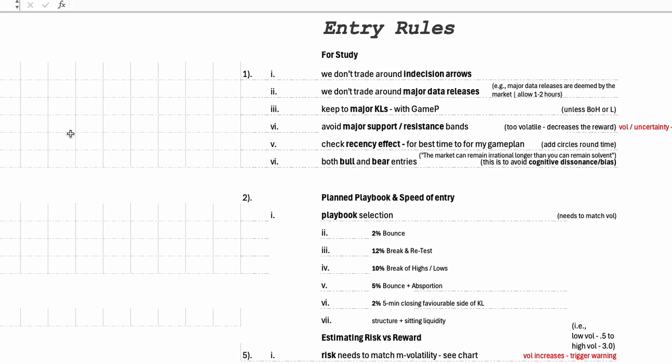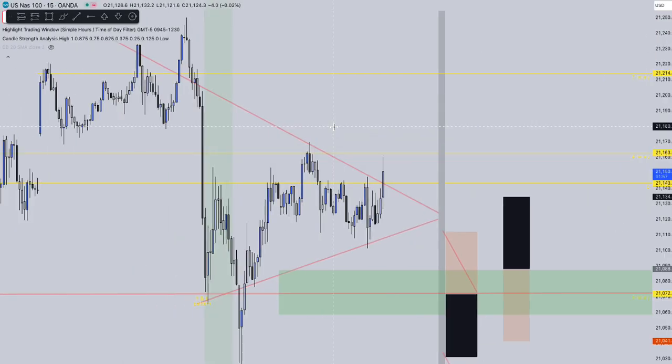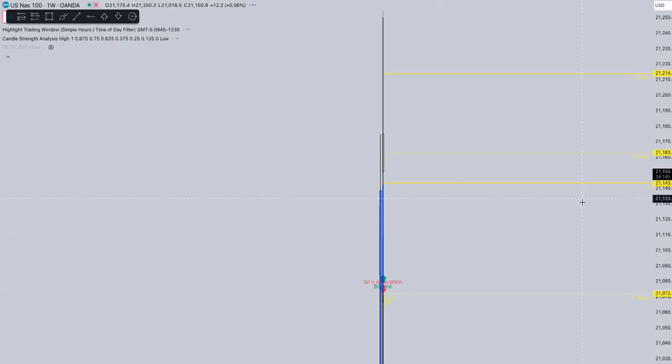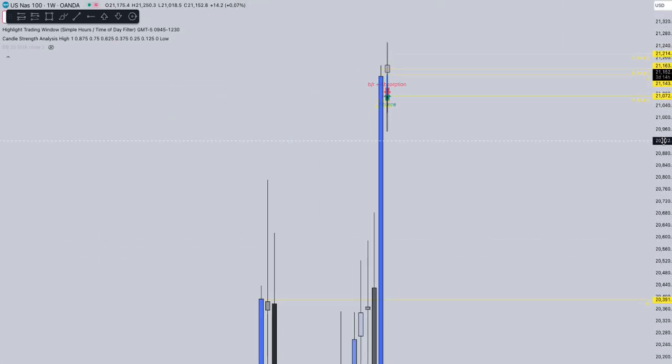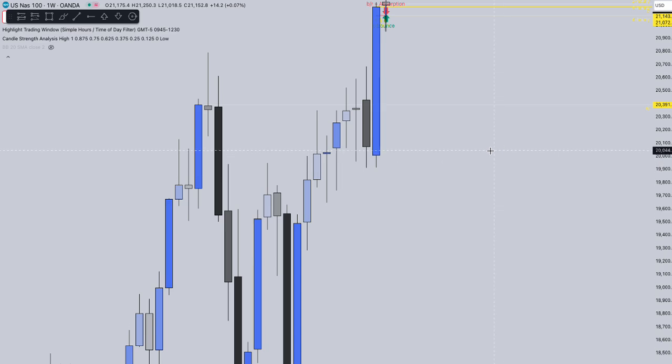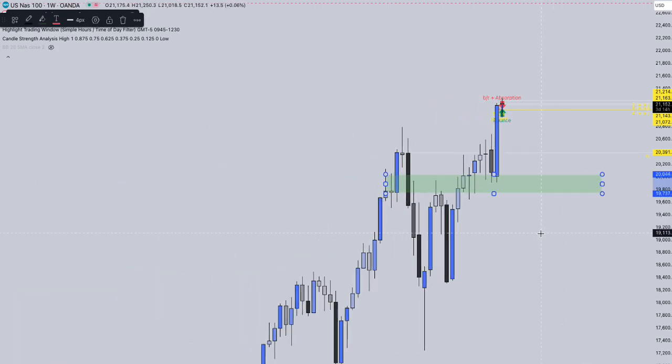So I don't trade around major support and resistance. What I mean by that is major areas of support and resistance, due to the extra volatility. For example, if you go on maybe the bigger time frames, maybe this area in here would be major support.